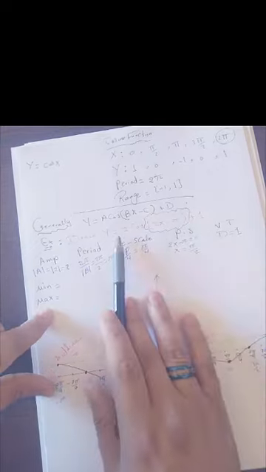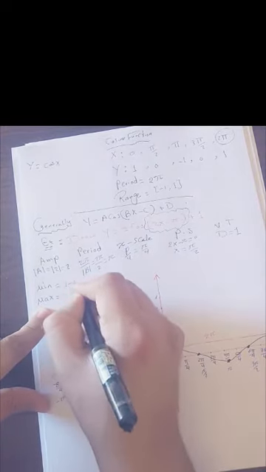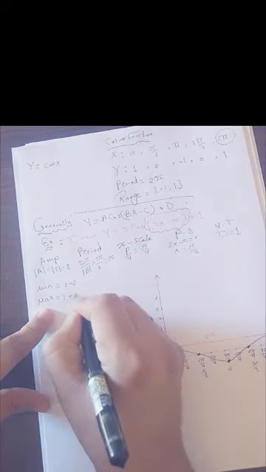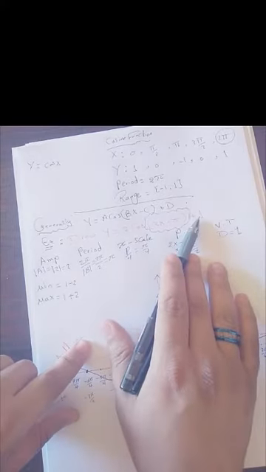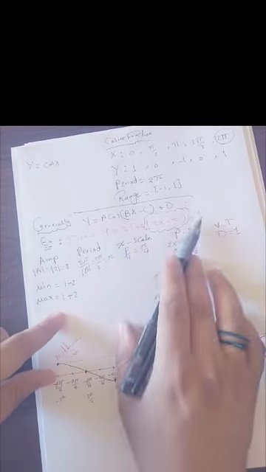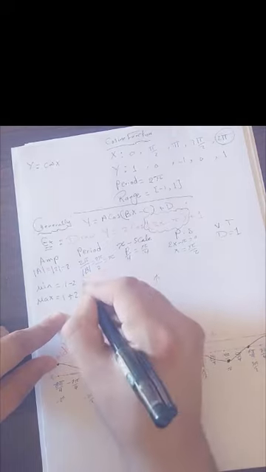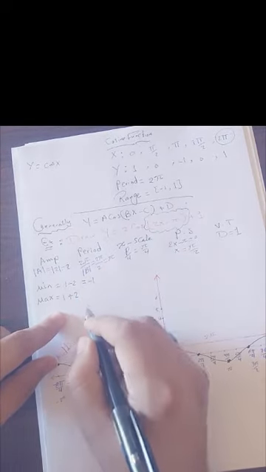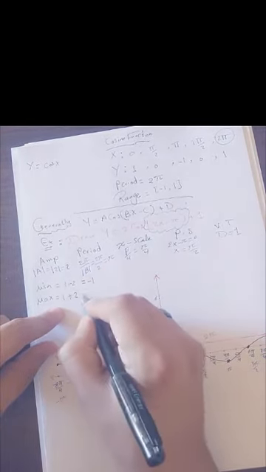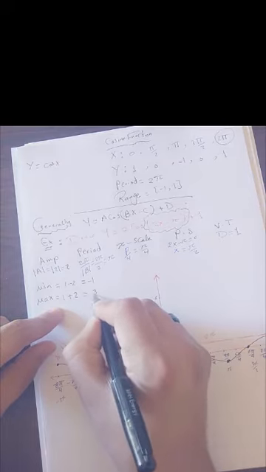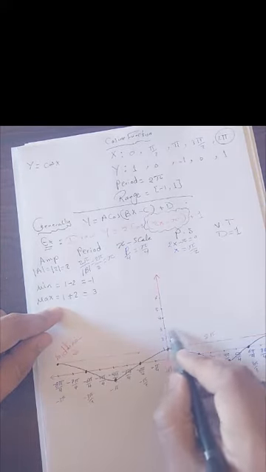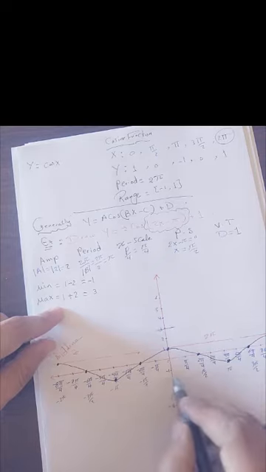Then 1 minus 2 and 1 plus 2. 1 minus 2, negative 1 is the minimum point, and the maximum point here is 1 plus 2 equal 3. Then this curve is bouncing between 3 and negative 1, the new one.